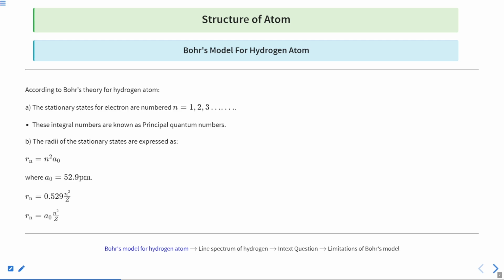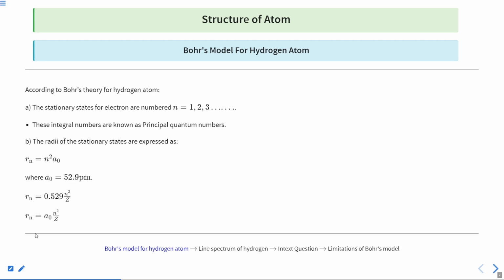Clear? So the overall formula: the nth radius is given by a naught, which is approximately 0.529 angstrom, into n square by z, where n is the same energy level, the stationary state for which we are calculating the radius, and z is the atomic number.